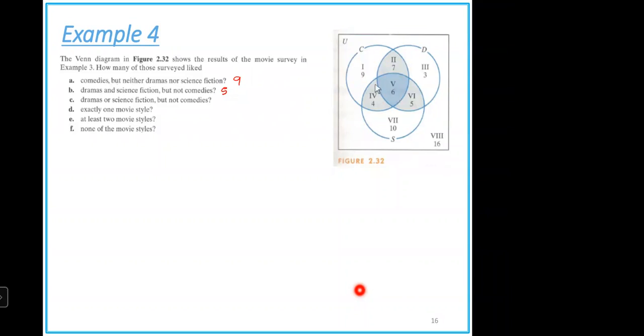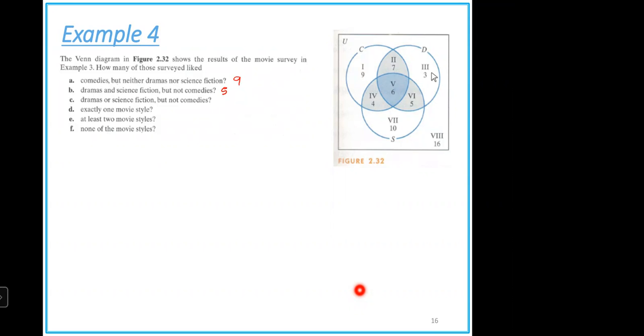Drama, that's this, or science fiction, that's this. But we have to count up. Not comedy, so they don't want anybody who falls in the comedy circle. But if you do drama or science fiction, yes, count me. So which regions would that be? 3 and 4.